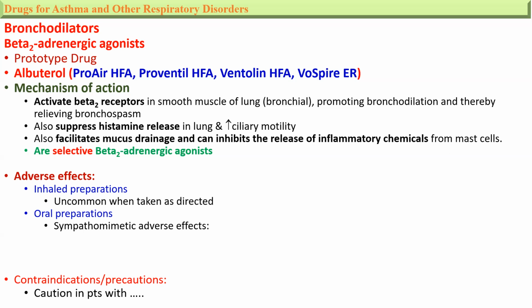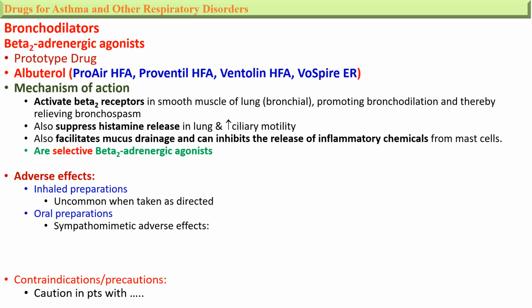We have both inhaled and oral preparations. For the inhaled form, serious adverse effects are uncommon, but some patients experience palpitations, headache, throat irritation, tremors, nervousness, restlessness, and tachycardia.